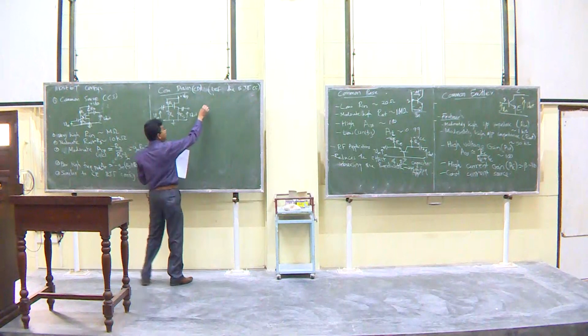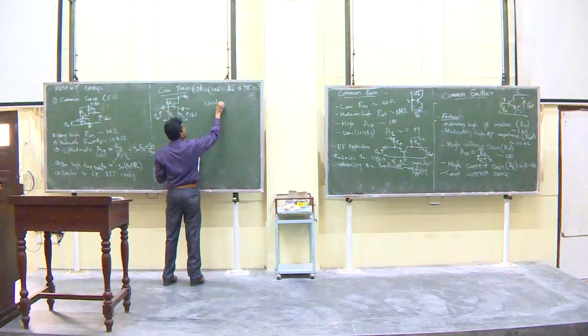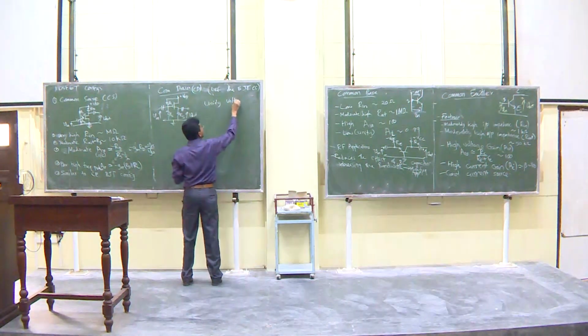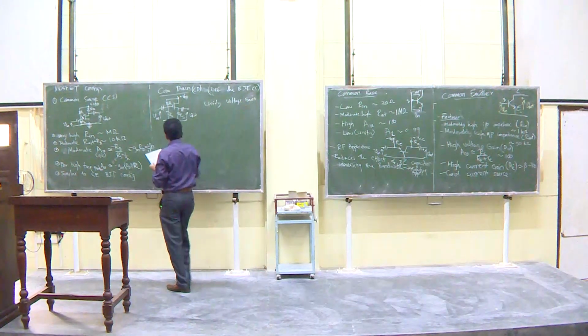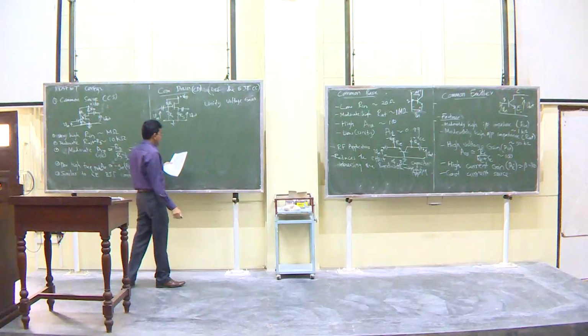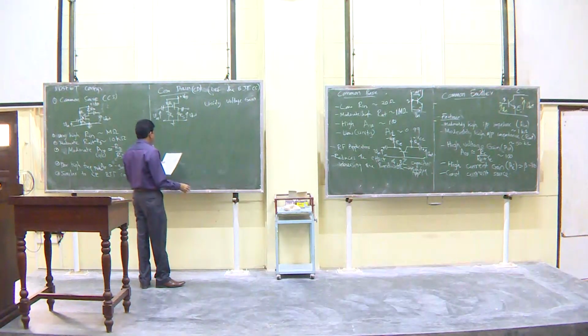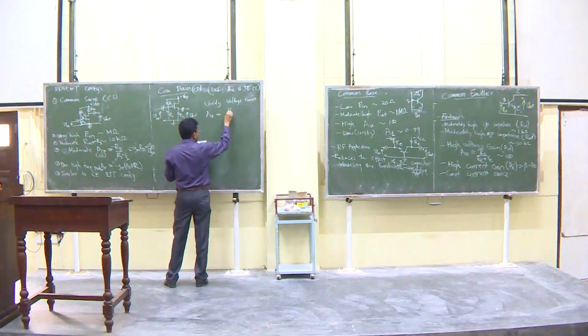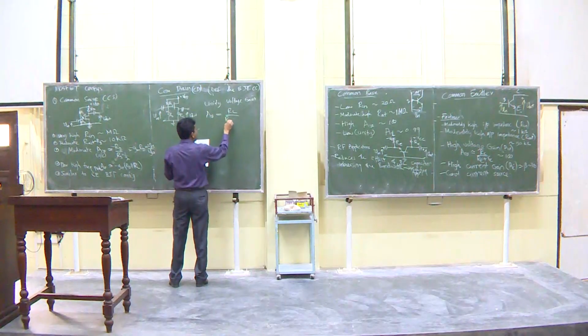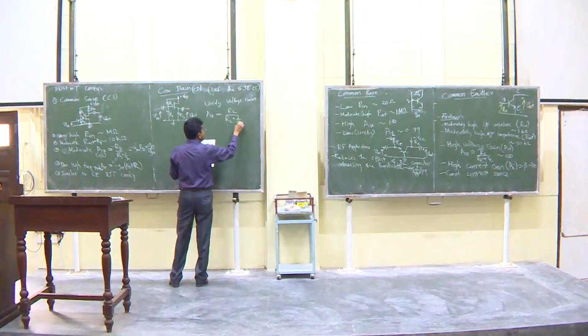So what are the features? Unity voltage gain. Unity voltage gain, the same voltage here appears here. The voltage gain AV is equal to RL over RL plus 1 over GM.